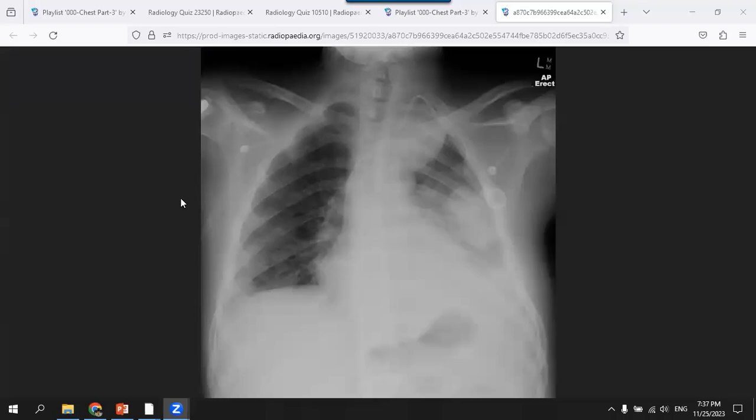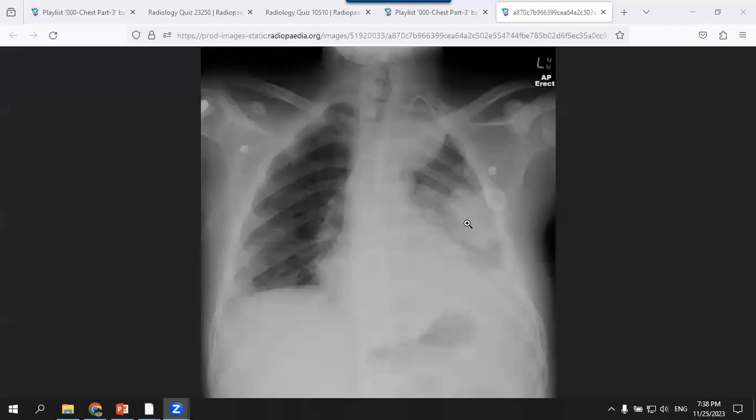I didn't hear you, sir. Can you just repeat what you said? Any clue about the primary in the film? I'm trying to assess the bones now. Clavicles appear normal. Scapula appears grossly normal. What are the common causes of cannonball metastasis?